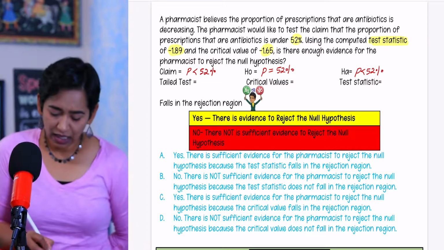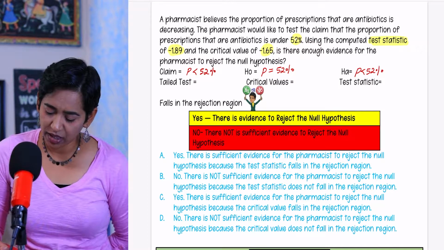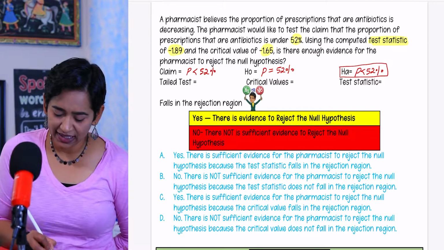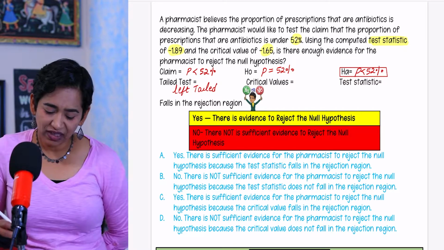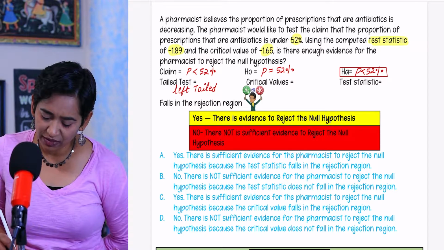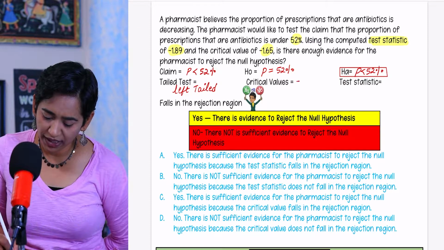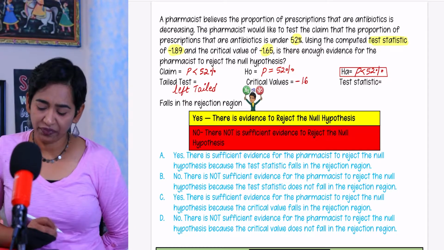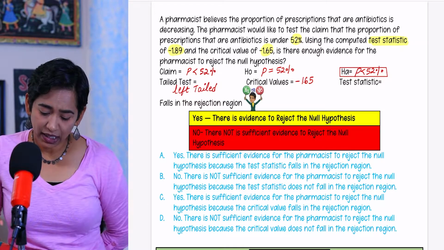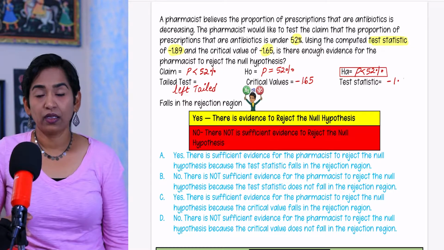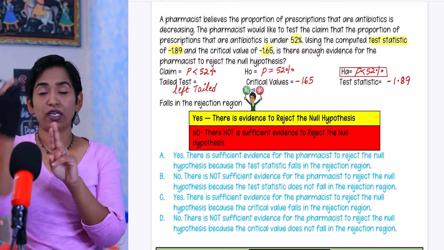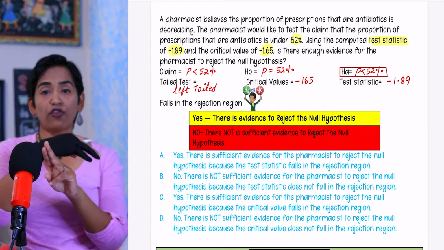Because my alternative is less than, I know it is a left-tailed test. My critical value is negative 1.65. My test statistic is negative 1.89. Remember, two things can happen. Either it can fall in the rejection region or not fall in the rejection region.